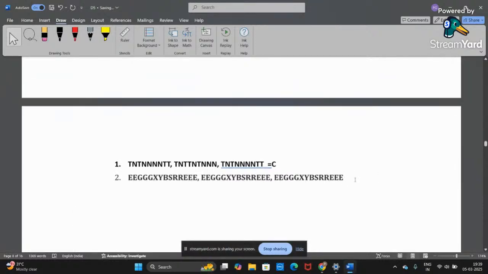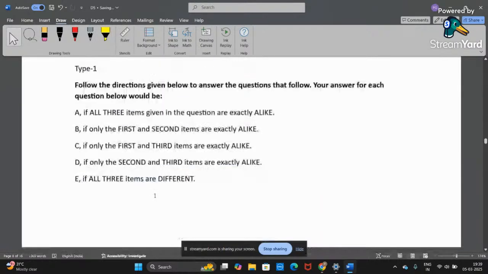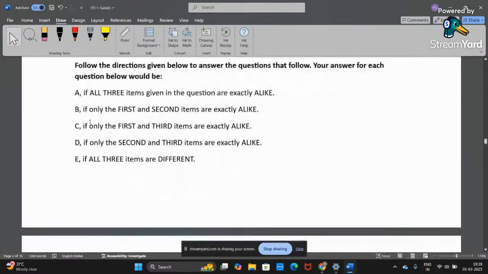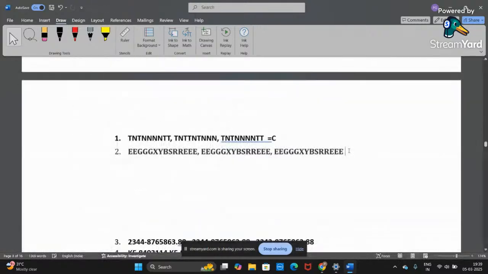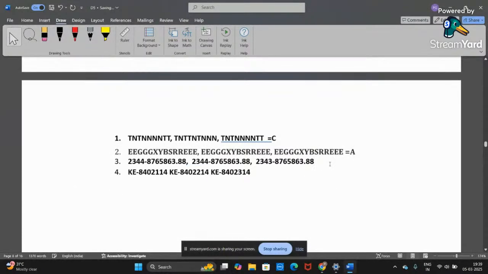In this, all three are alike, right? Yes, right? So what will be the answer? A will be the answer. Now we need to find the answer for next one.